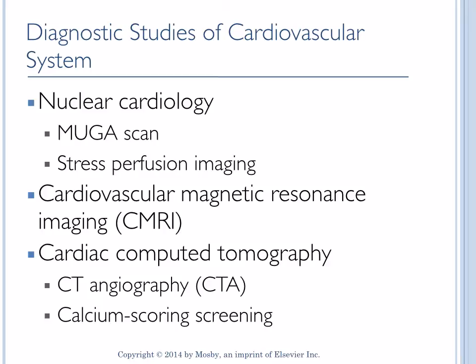This test provides information on wall motion during systole and diastole, cardiac valves, and ejection fraction. So nuclear cardiology is a nuclear imaging test, and this test provides information on heart wall motion during systole and diastole, information on cardiac valves and ejection fraction.